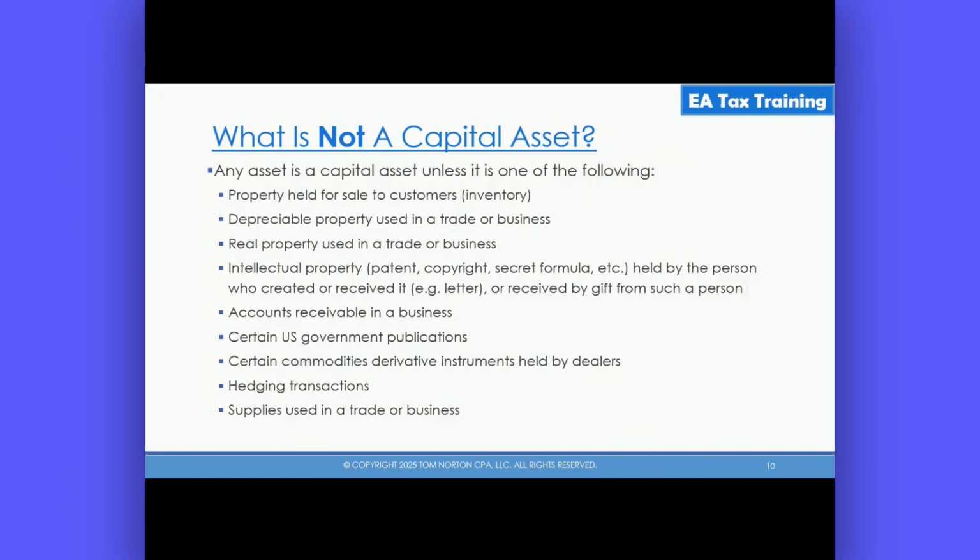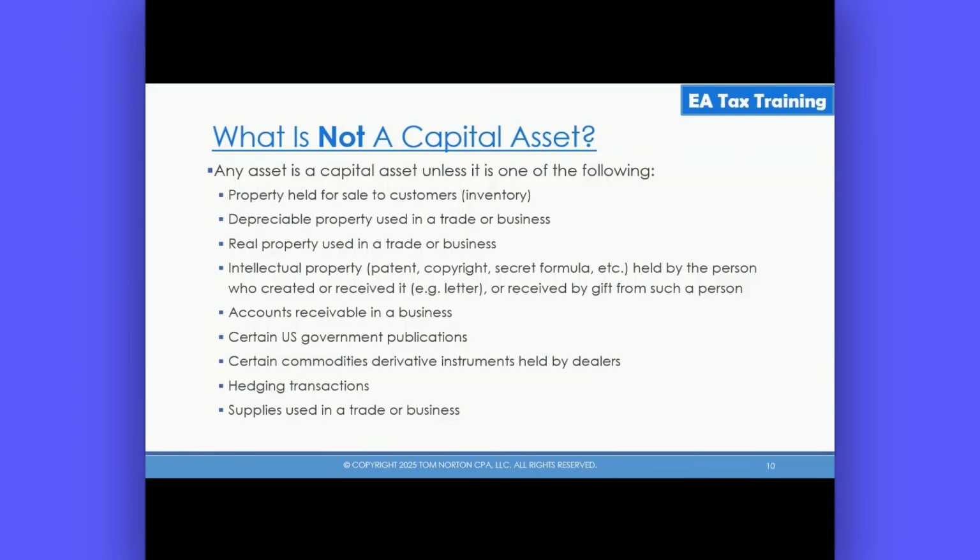Same way with a songwriter or an inventor who has a patent on something. Those copyrights and patents are not capital assets if they are owned by the person who created them, or if that person then gives them to someone else, then that person does not get to treat them as capital assets either. Next are accounts receivable in business.